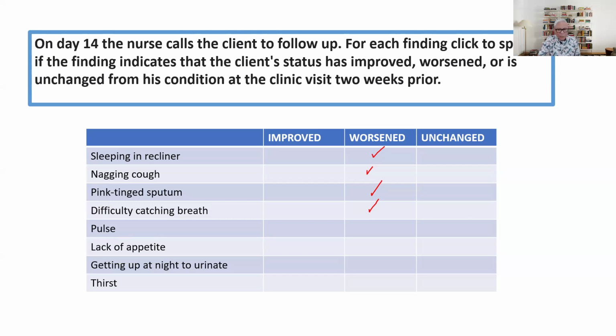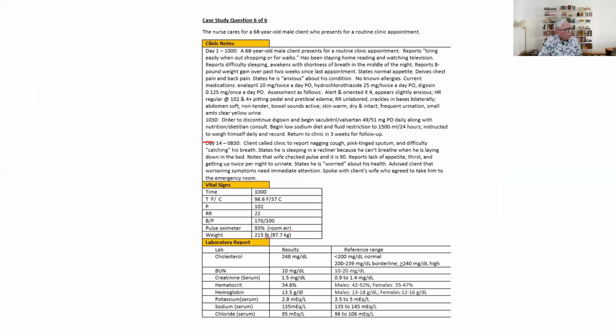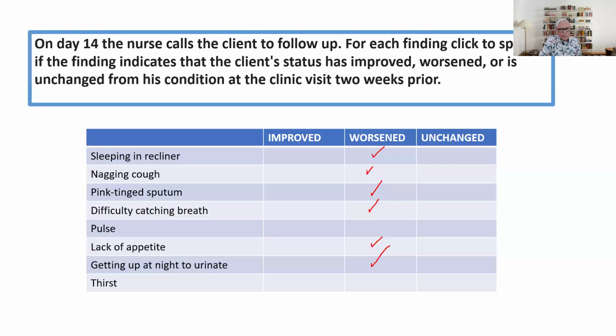All right, how about the lack of appetite is also going to be an indication that this is worsening, and getting up at night to urinate. All these are going to be manifestations of a worsening condition. However, the pulse, if you recall, the pulse rate is 90 right over here. And therefore, that is not significantly changed, right?